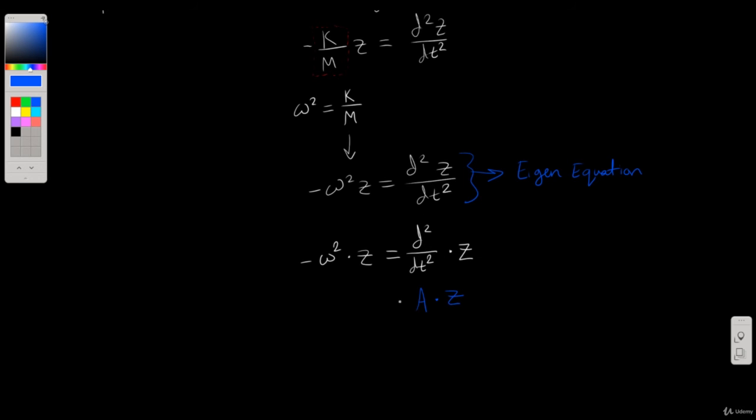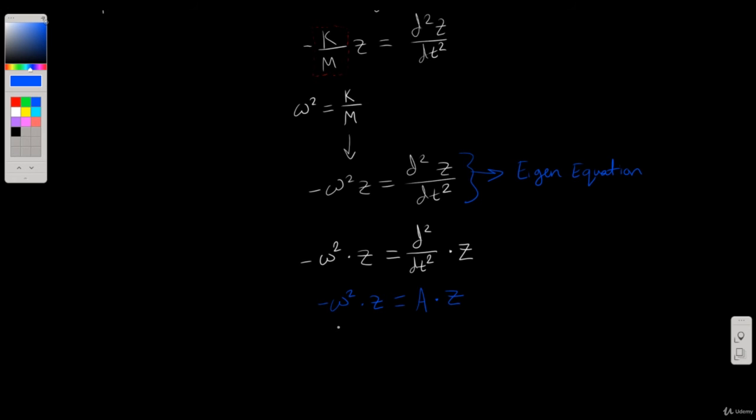And so if what we have here is an eigenequation, whenever you apply this operator to a corresponding eigenfunction, which is this z, you're going to get back its eigenvalue times that exact same eigenfunction, right?